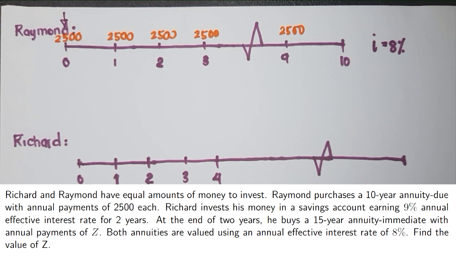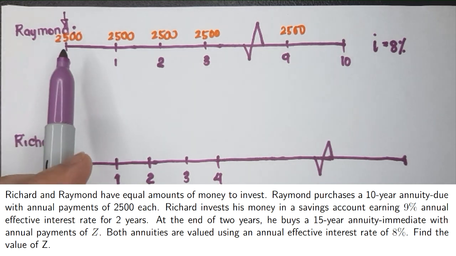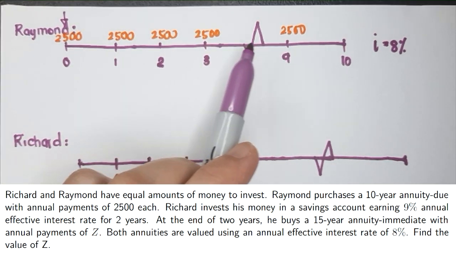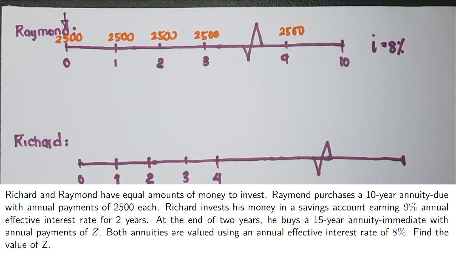So back to my question, how much money did Raymond pay out to receive this 2,500 at the beginning of each year?